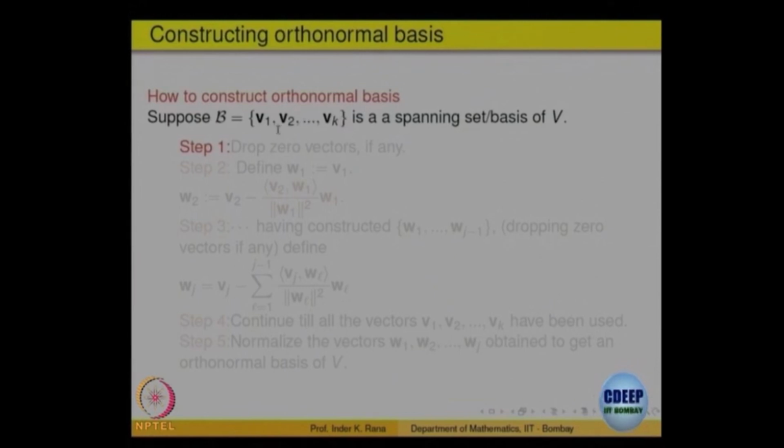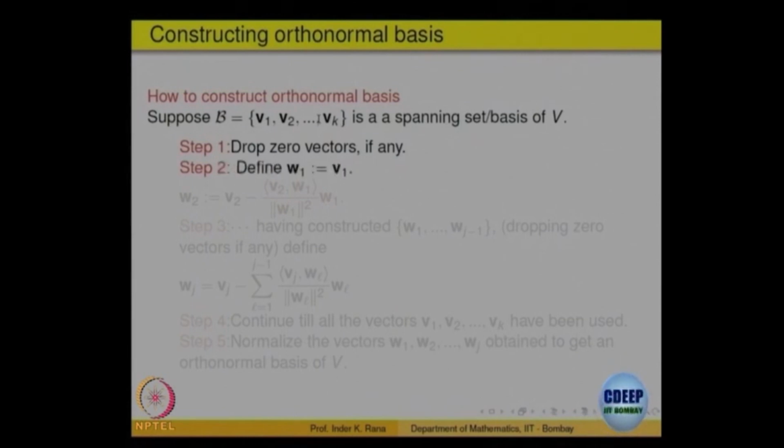Given a set V1, V2, Vk, if it is a basis, well and good; even if not, if it is a spanning set, that is good enough. We can construct a set of vectors which is orthonormal and will give the same span as that of V1, V2, Vk. The first step is, if there are any 0 vectors in this, drop them, because they are not going to contribute anything in spanning.